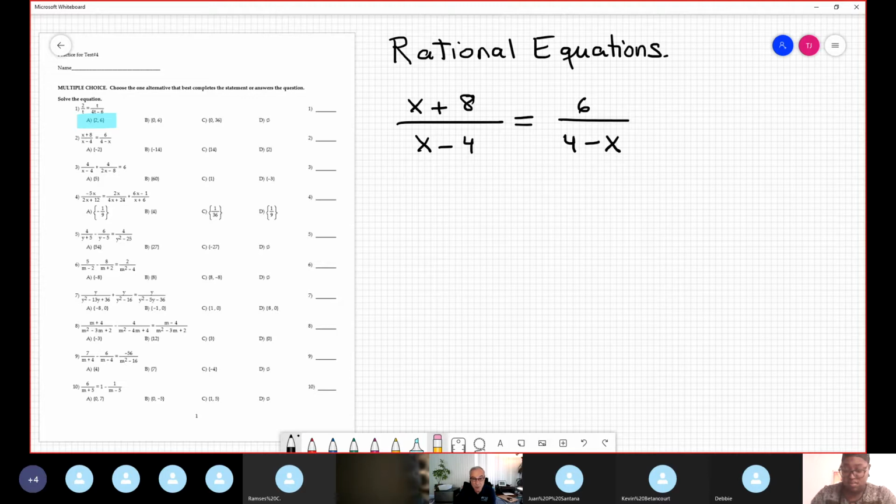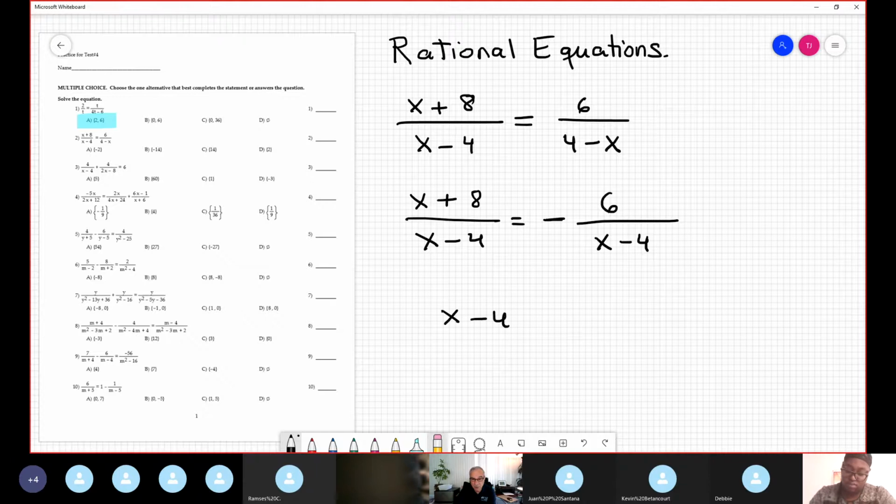So you can write it like that if you want, not necessarily: (x + 8) over (x - 4) equals minus 6 over (x - 4). Because the relationship between x - 4 and 4 - x is completely negative 1. Here x is positive, there x is negative, and 4 is negative here and positive there. The connection between both expressions is obviously negative 1.